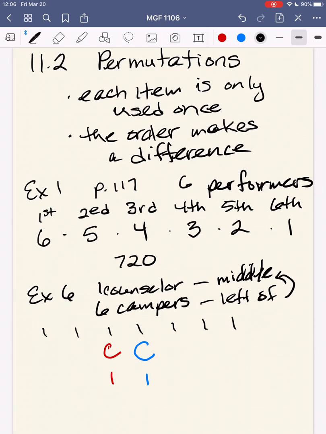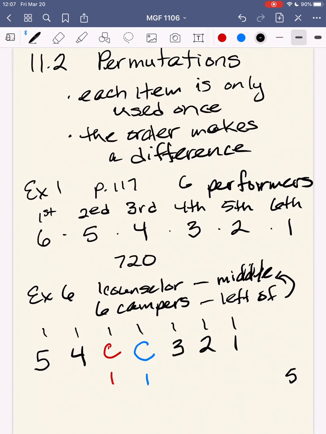Now, we had 7 people, and we already seated 2. We have 5 more that need to go, and they can go in any place. So I have a choice of 5 campers here. Once I use another camper, now I only have a choice of 4. Now I've seated 4 of them, so I'm only left with 3, then 2, and then 1.